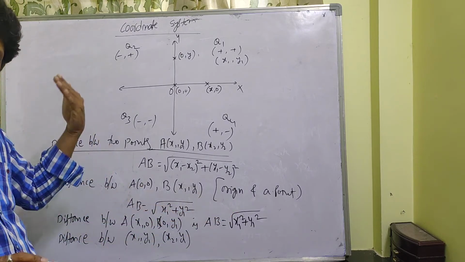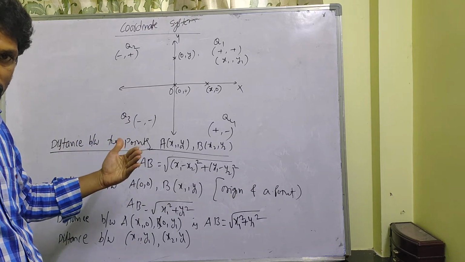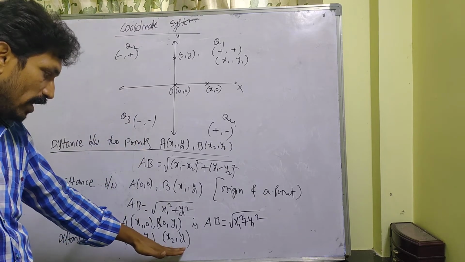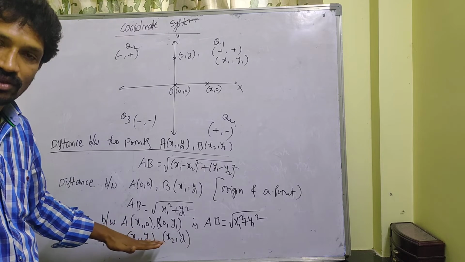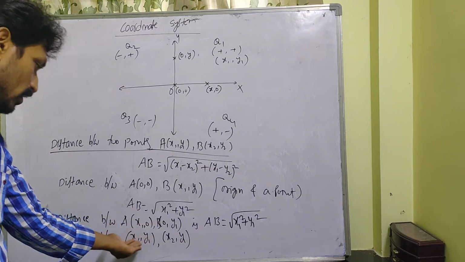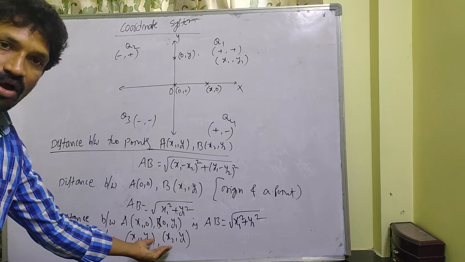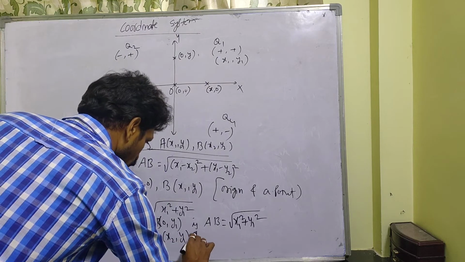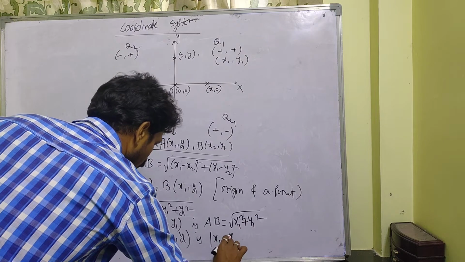That means all points for which y coordinates are equal lie on the horizontal line. So distance between these points which lie on the horizontal line is modulus of x1 minus x2.